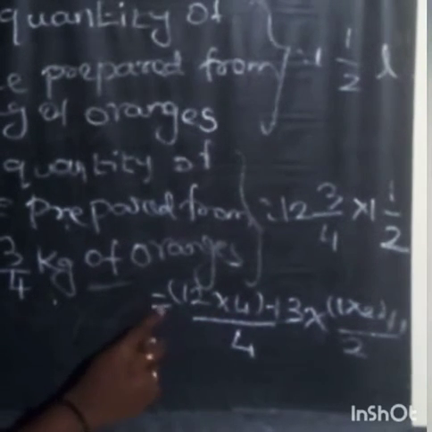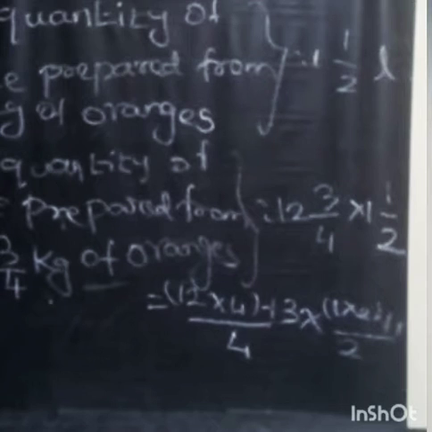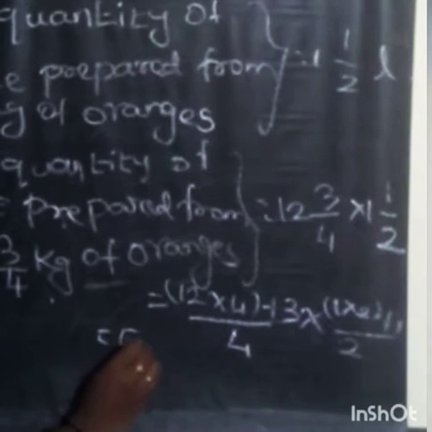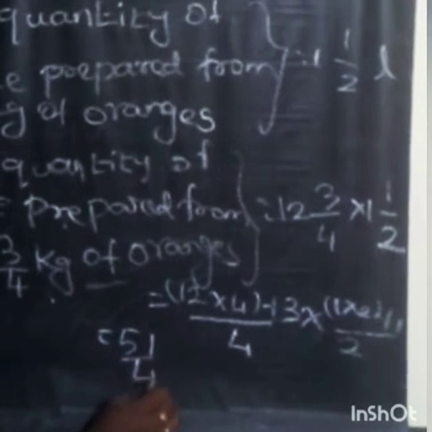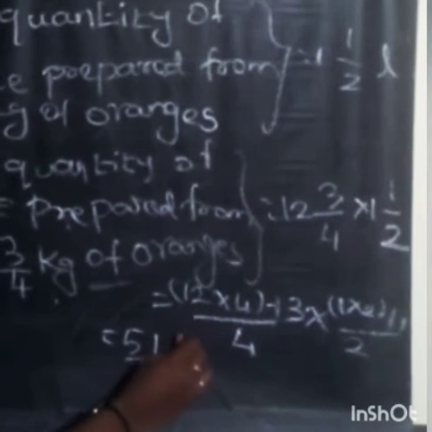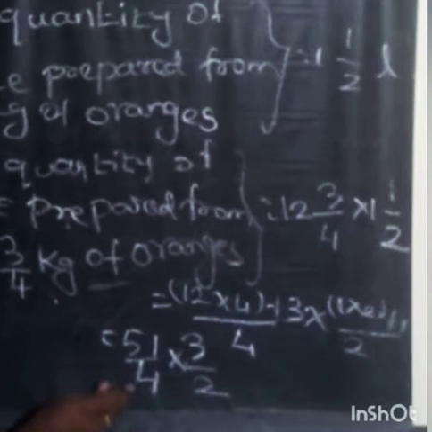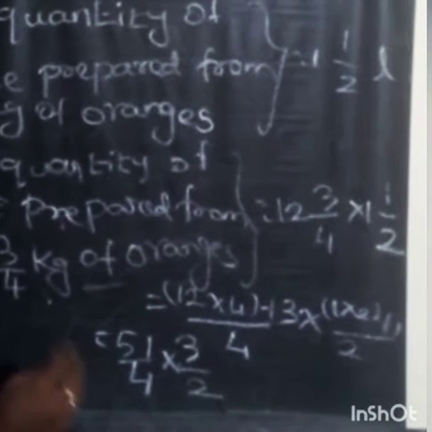Okay, so solve this. 12 fours are 48, 48 plus 3 equals 51. So 51 divided by 4. 1 two is 2, 2 plus 1 is 3, so 3 by 2. So 51 by 4 times 3 by 2.